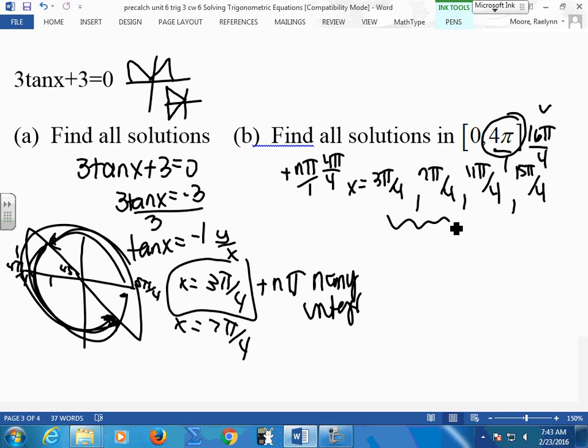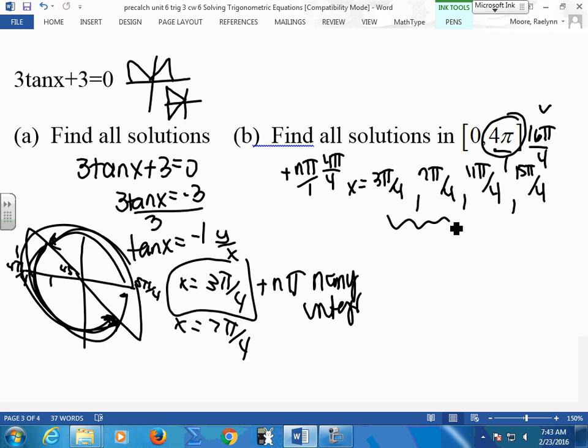So I get 2 in the original 2 pi, and 2 in another 2 pi. So every time I add another 2 pi, I get 2 more angles. And that's a nice way to check to see if you have the limit, to know how many you're going to get. Just double that amount. Like if I'm doubling these or I'm tripling, sometimes we'll say to 8 pi, to 16 pi.